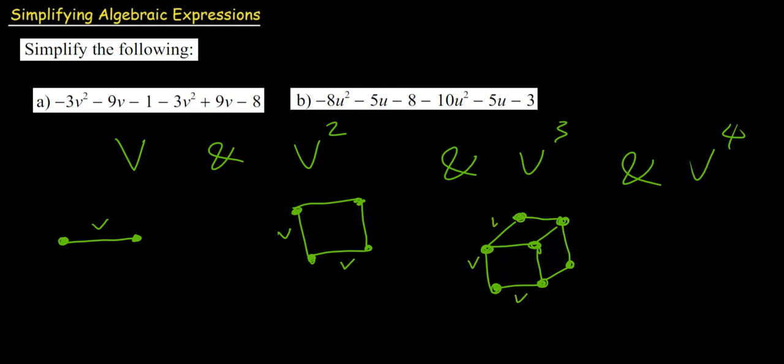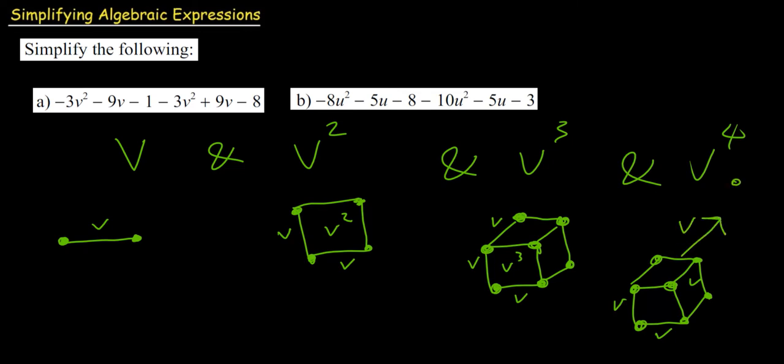V, V, V. So we've got just a single v, we've got v squared, then we've got v cubed, and then let's get really complicated, and we can say that v to the power of 4 is v squared plus v in a different time.